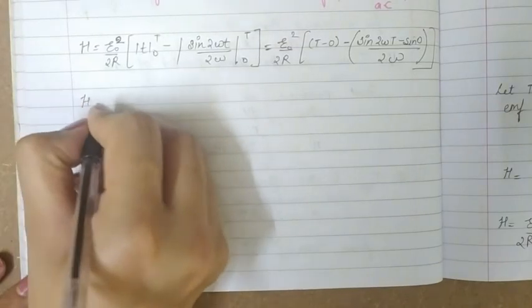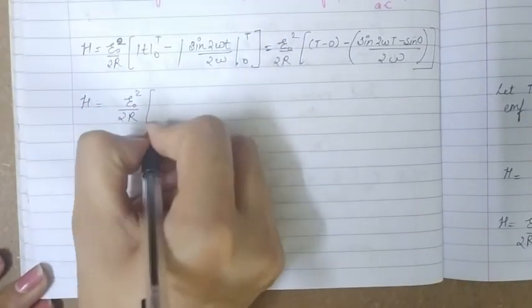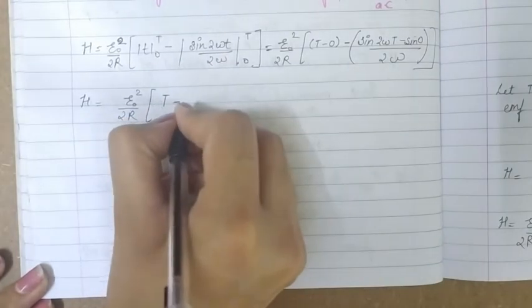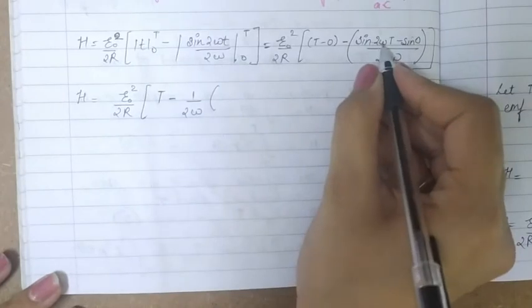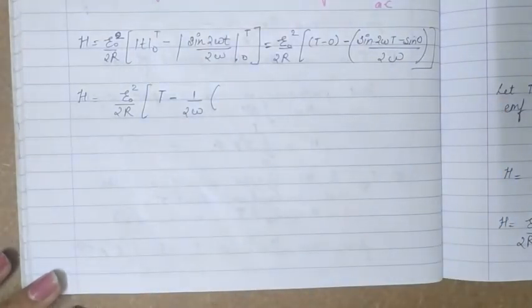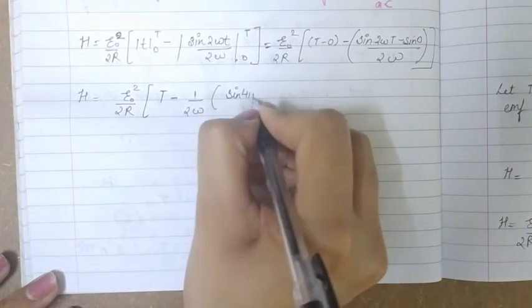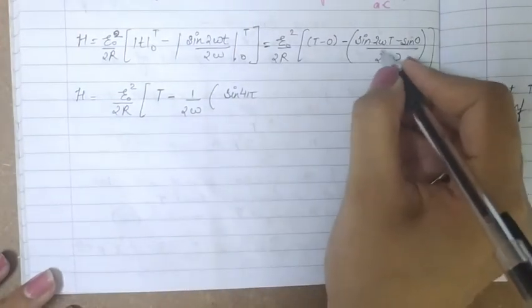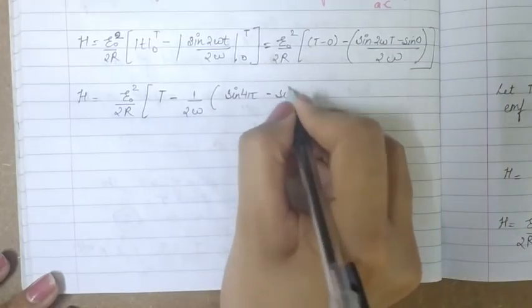On solving this we get epsilon naught square upon 2R times T minus 1 upon 2 omega, and within the bracket sine 2 omega T. Now omega is 2 pi upon T, so it will be sine 4 pi. T and T cancel, and it will be sine 4 pi minus sine 0.